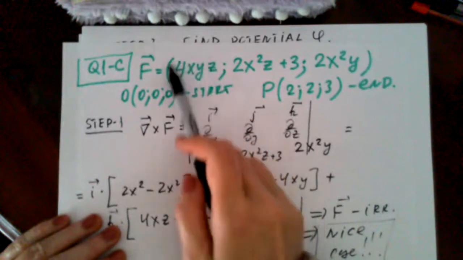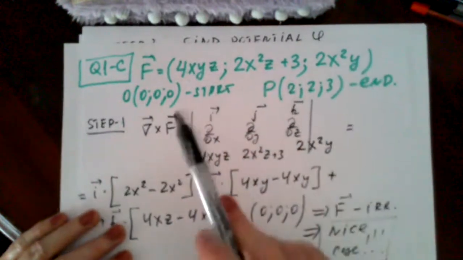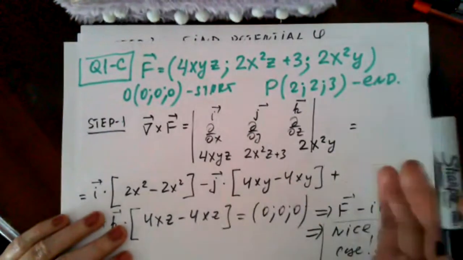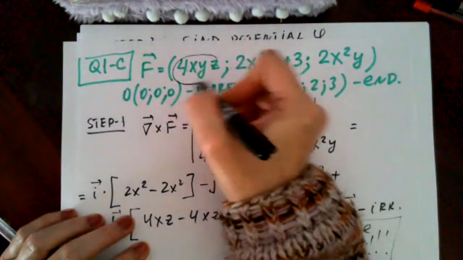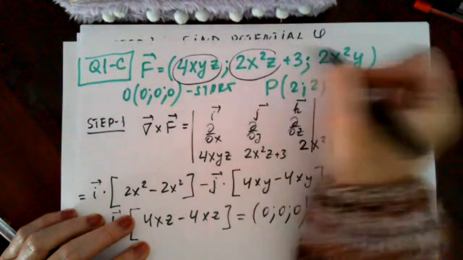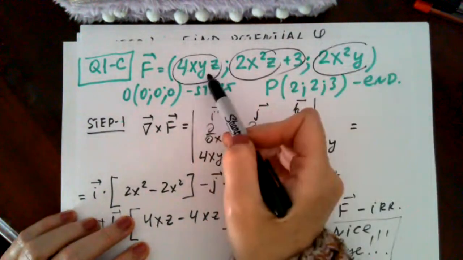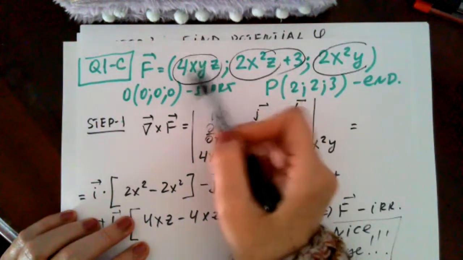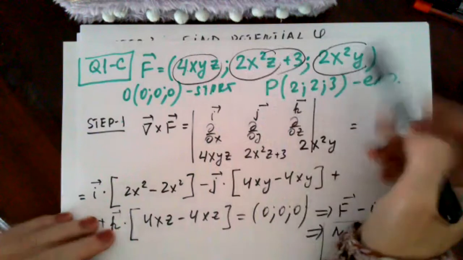So we have these three components, P, Q, and R. In the case of a conservative field or potential field, it has different names. These guys are actually partial derivatives of our function phi. So the first component, P, is usually d phi over dx. The second component is d phi over dy, and so on.